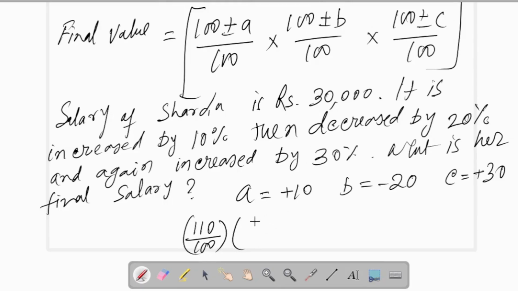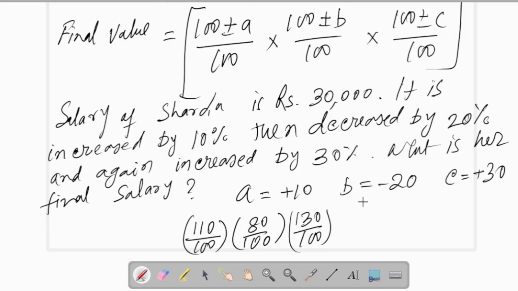Then the second case, I will get 80 divided by 100. And the third case, I will get 130 divided by 100. Hope you guys are getting where I am getting the 1 and 10. So 100 plus 10, 110. 100 minus 20, 80. 100 plus 30, 130.